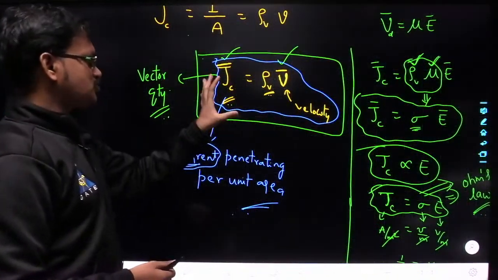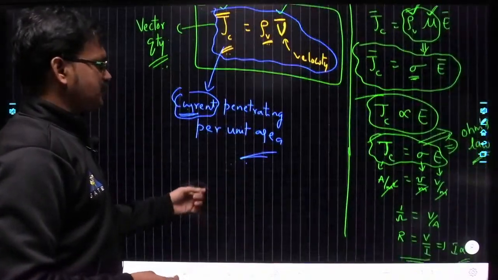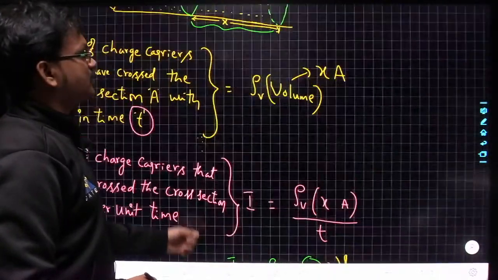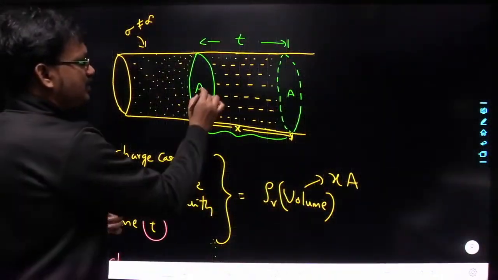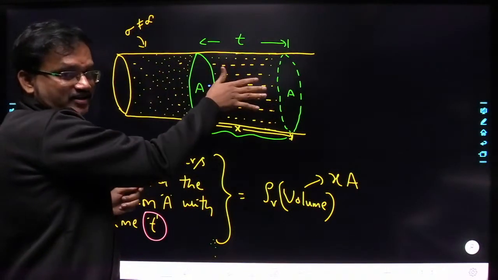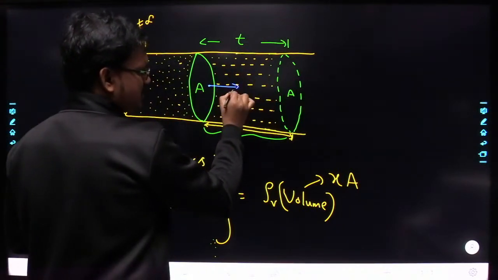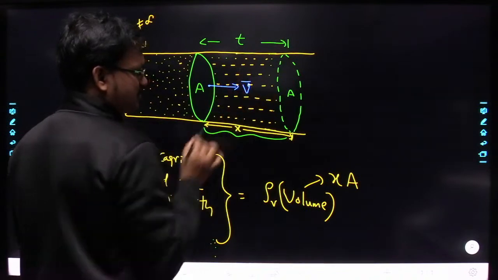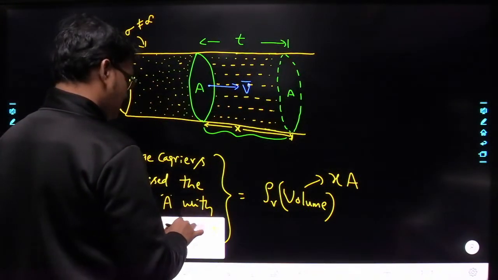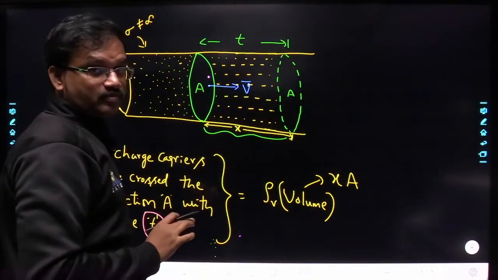If you have understood this one, that is fine. Now see here. The velocity of the charge carriers is in this direction. If the velocity is in this direction, J bar must also point in which direction? The direction of J bar and the direction of v bar must be the same.